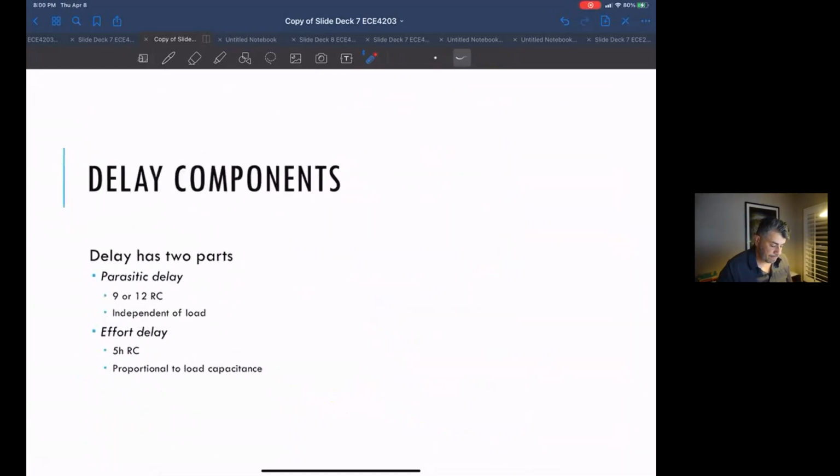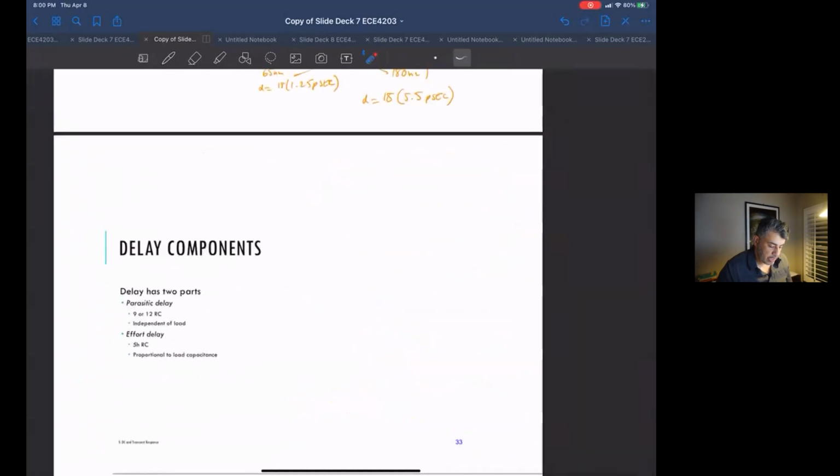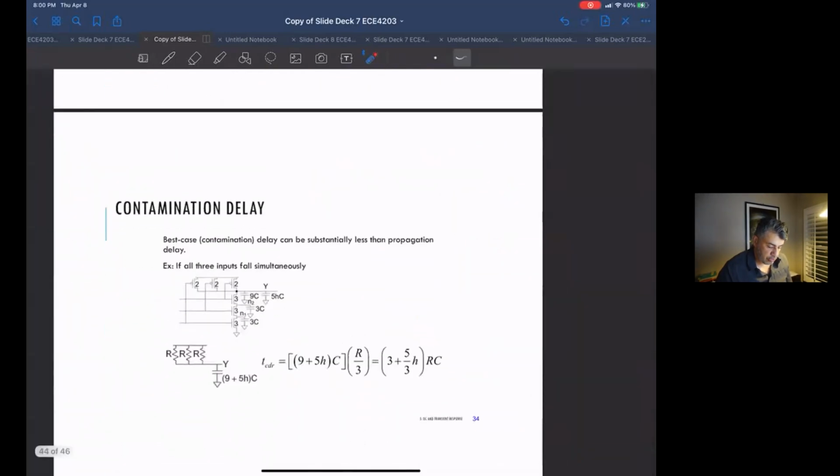Okay, so each one of them would have a different delay. When you're talking about contamination delay versus propagation delay on the PMOS FETs, you basically assume that you have all three PMOS FETs on, and it reduces the delay for the rising.